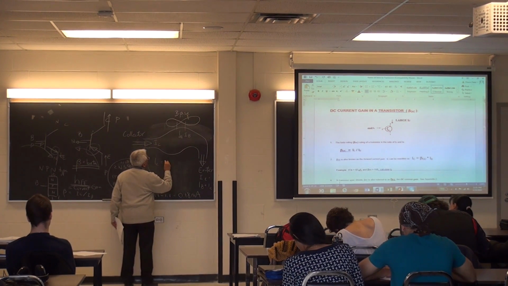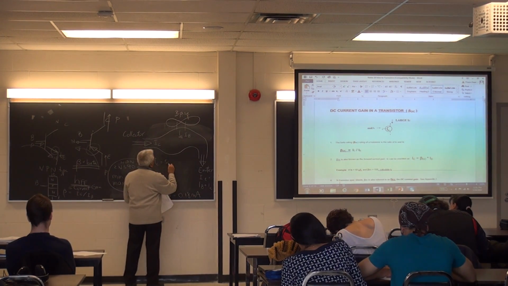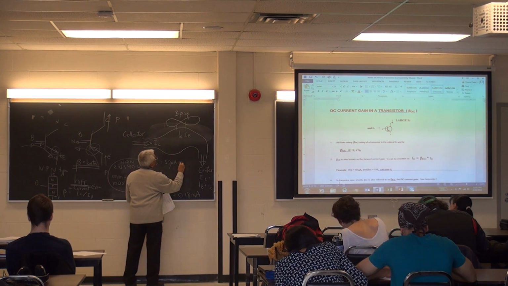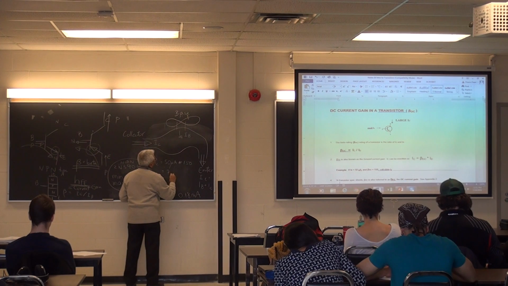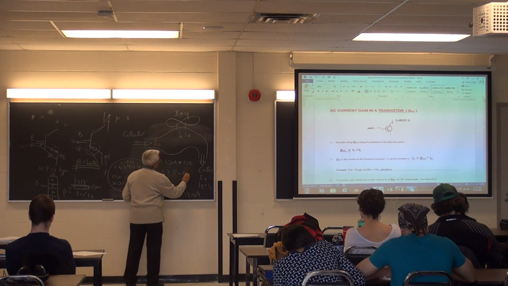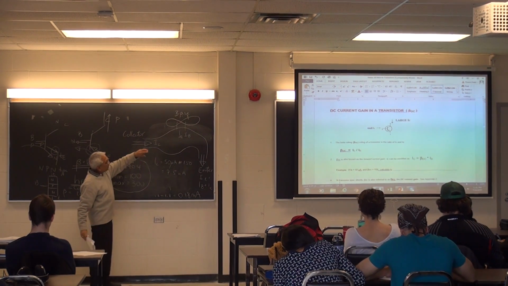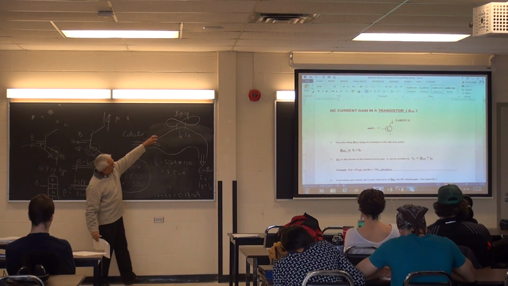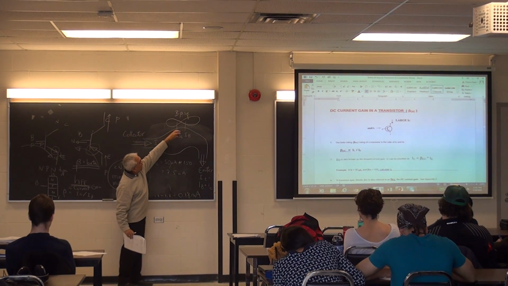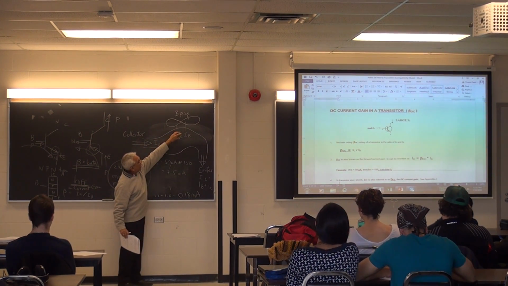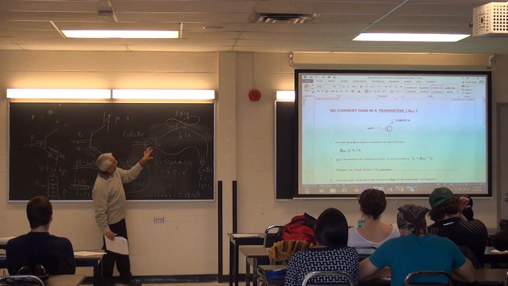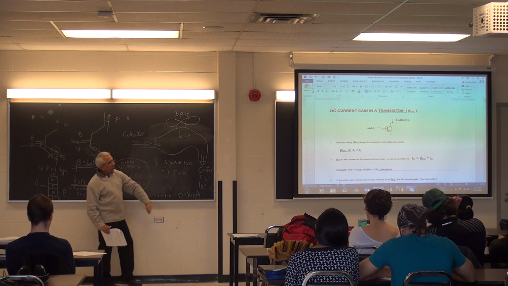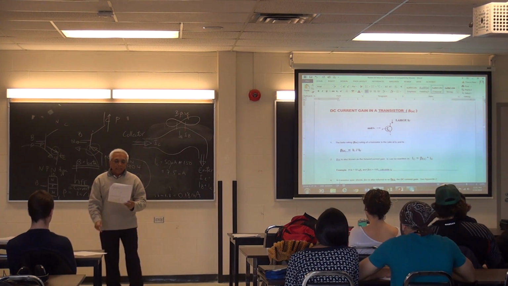IC is 50 microamps times 150, 7.5 milliamps. So, back to my faucet analogy. It took a little bit of current of 50 microamps for this transistor to produce a collector current of 7.5 milliamps. Okay?